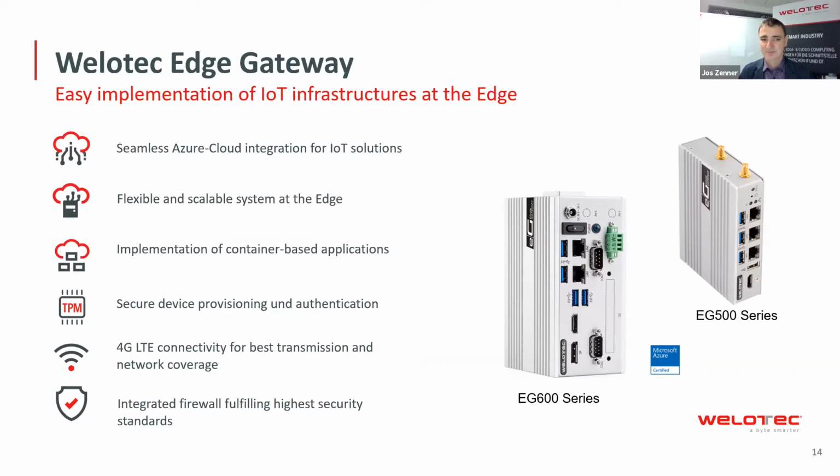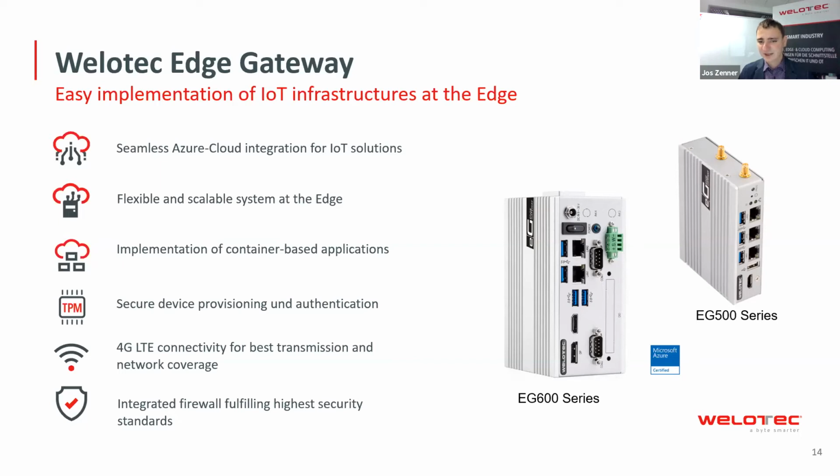So if your applications are running on containers or you are planning to run them on containers, this is the right choice for you. I talked about the DPS from Microsoft. DPS can also be used together with hardware encryption. So we have a trusted platform module, which is some kind of hardware security and authentication chip, which allows you to use the Device Provisioning Service and take ownership of those devices based on hardware, which is extremely secure and gives your device a unique identity.